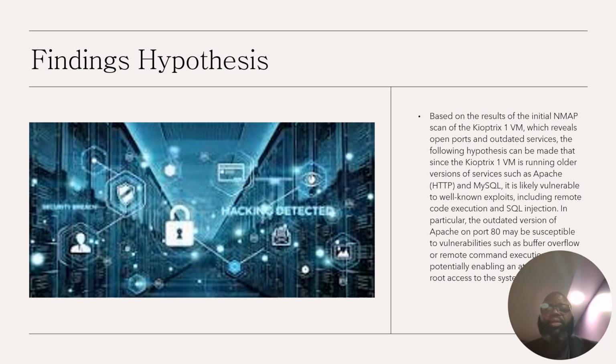It can be inferred that since the Kiptrix 1 VM is running other versions of services such as Apache HTTP and MySQL, which is likely vulnerable to well-known exploits, including remote code execution and SQL injection. In particular, the outdated version of Apache on port 80 may be susceptible to vulnerabilities such as buffer overflow or remote command execution.